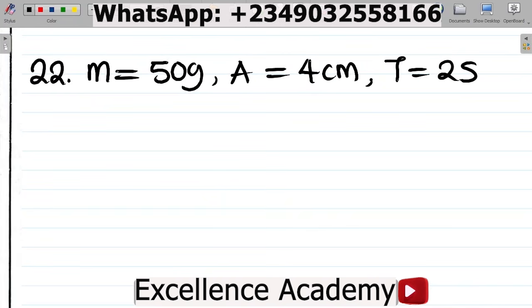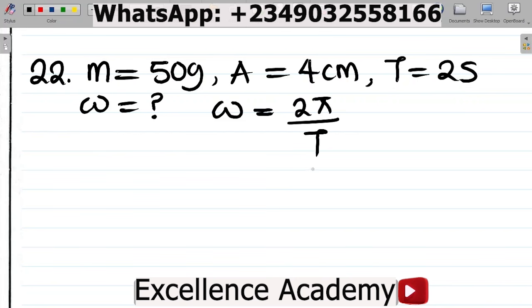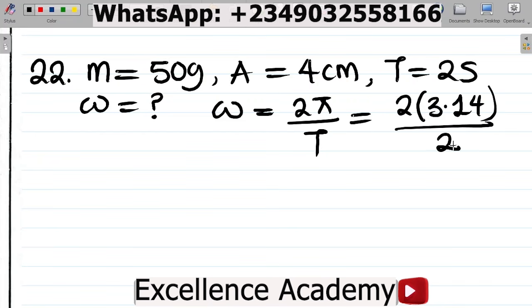So angular velocity, as we know it, is omega, and that's equal to unknown. For this question here, you want to note that the relationship between angular velocity, omega, and the period, is equal to 2 pi all over T. In essence, we can find the angular velocity from the period by using the formula 2 pi over T. If I put in values, this becomes 2, you're asked to take pi as 3.14, this all over T. T is 2 seconds.